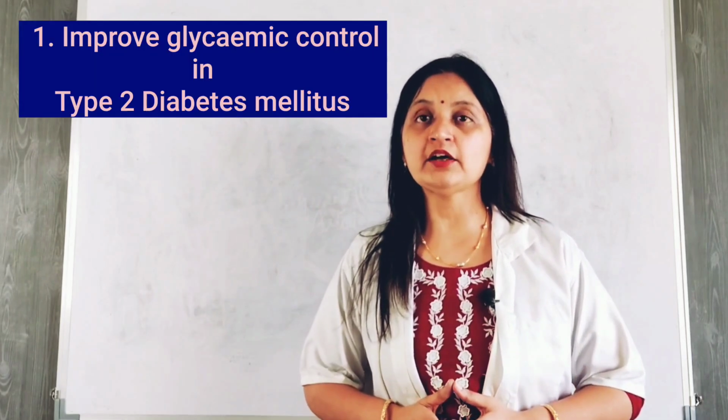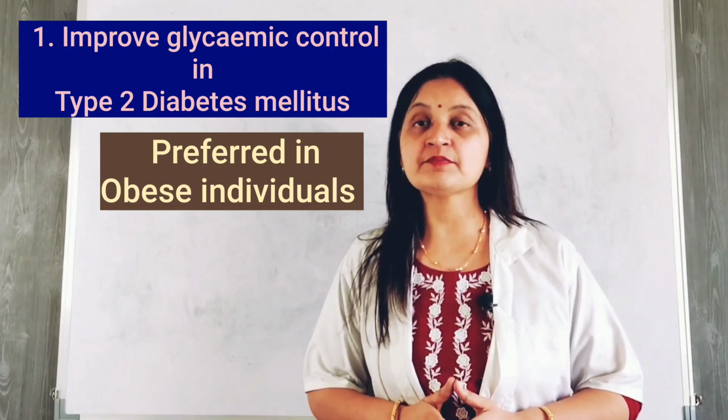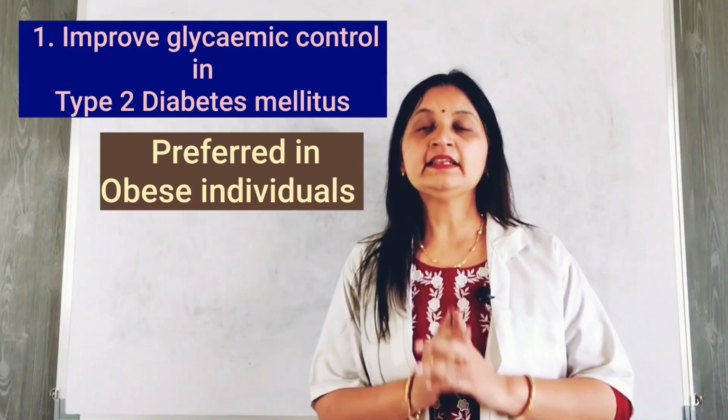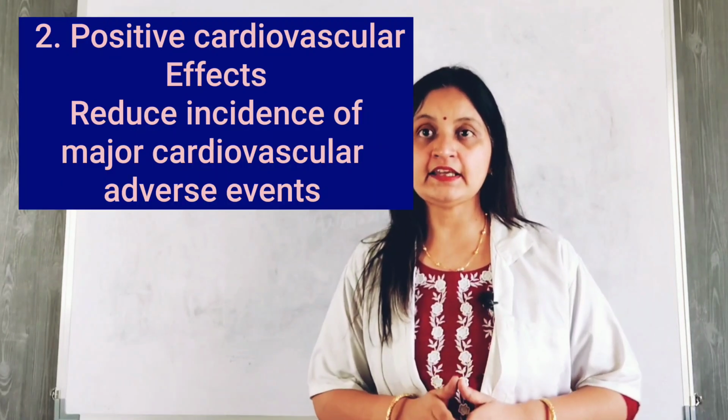So, to sum up the benefits of SGLT-2 inhibitors, these drugs improve glycemic control in type 2 diabetes mellitus, preferred in obese individuals because they produce weight loss. They have established cardiovascular effects and reduce the incidence of major cardiovascular events.